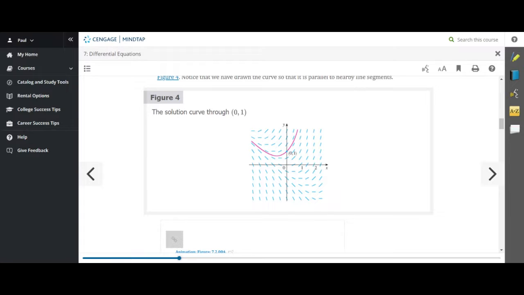You see how they agree? They have to, because the solution to the differential equation has to obey the differential equation, so the slopes at different points have to agree with the direction field.